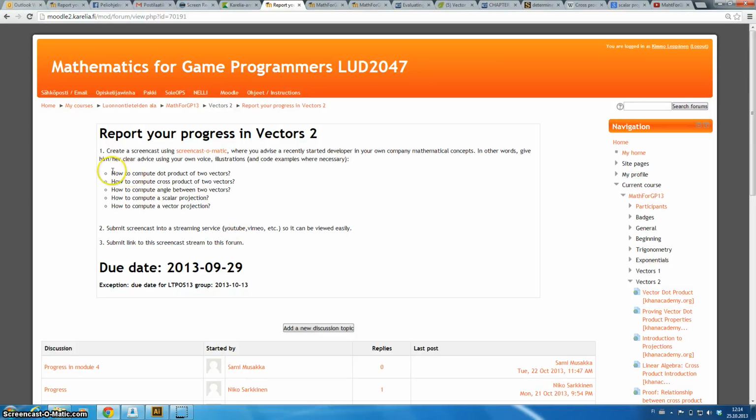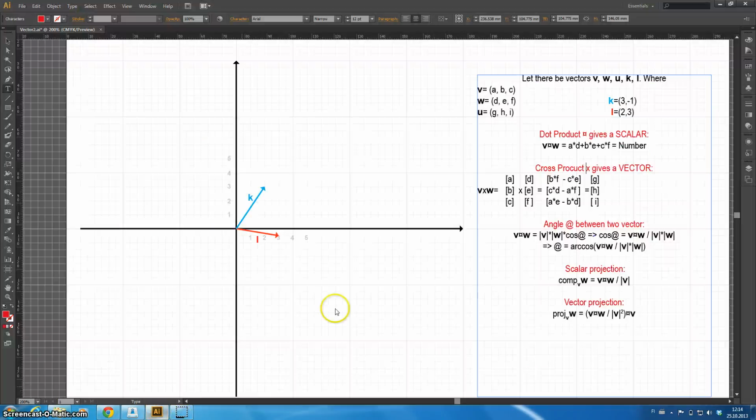I first show how to compute a dot product of two vectors. And here I have a formula for the dot product.